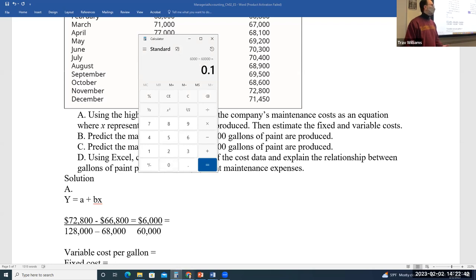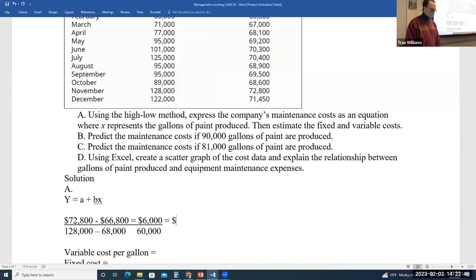We get 10 cents per gallon. That is our variable cost per unit, right? Any questions on that? So that has to be done first. I'll put here for reference, that's our variable cost per unit.